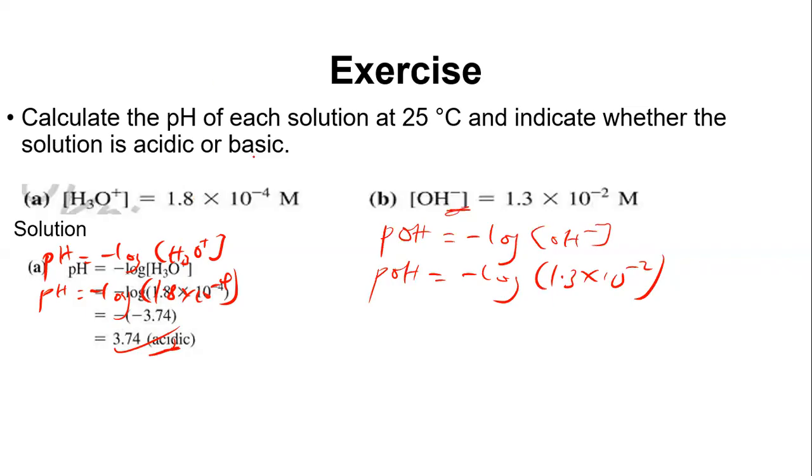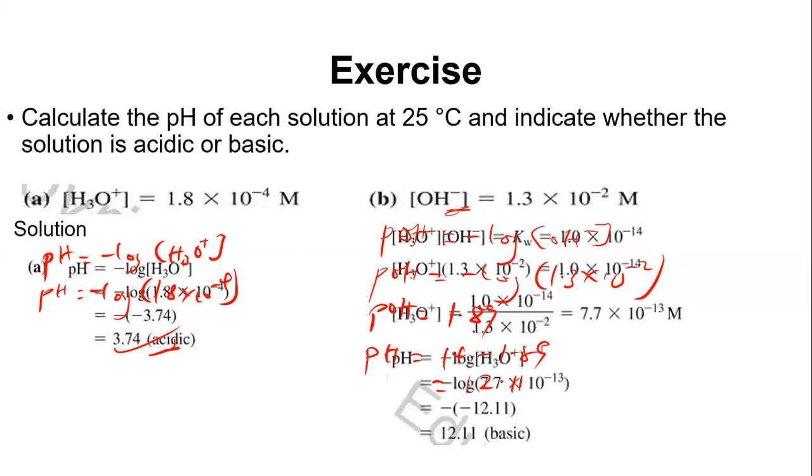So then I'm getting pOH is equal to 1.89. Good. Then I have to find my pH. So pH is equal to 14 minus 1.89. Now pH is equal to 12.11. 12.11. Very simple. Right. Very simple. Good. So that's it. And once it's 12, it is basic. Anything more than 7 is basic.